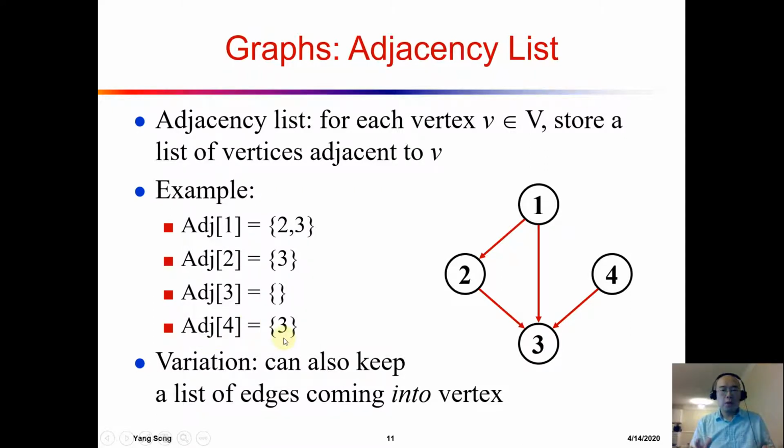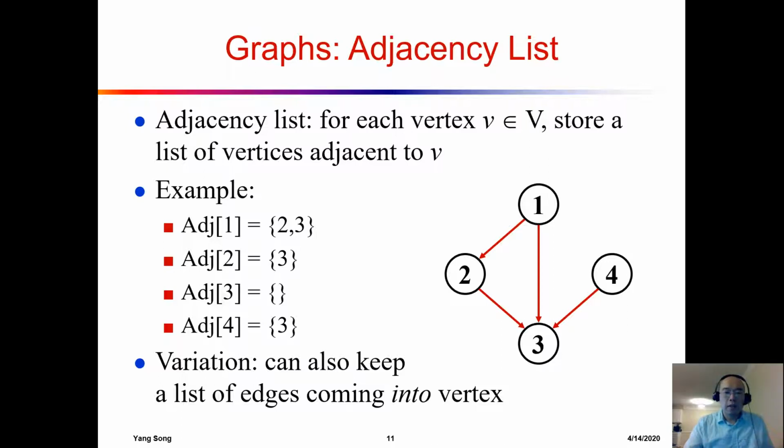Okay, so this is the idea of storing the graph with an adjacency list, and you may feel this works better if we have a very sparse graph. A variation is to keep the list of the edges coming into the current vertex, and that can also work.